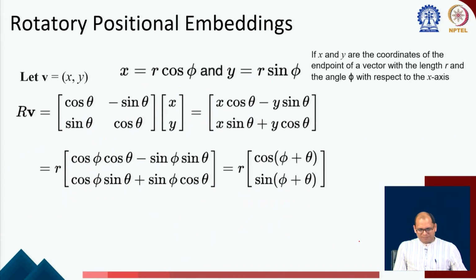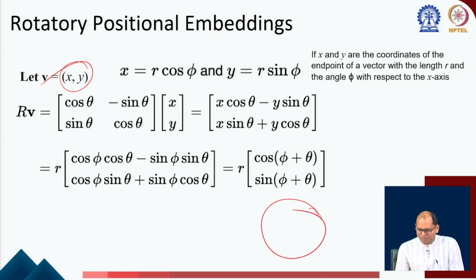Let us take an example. We are taking a vector x, y. Let us say its length is r and its angle is phi to start with, and this is my x and this is y. So, the initial vector is x, y.